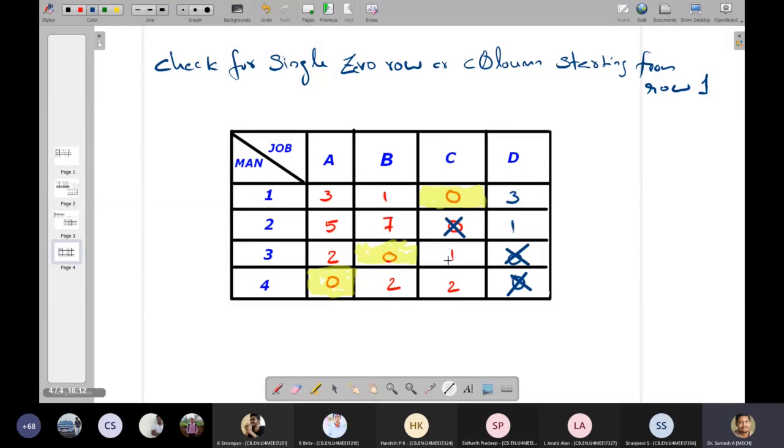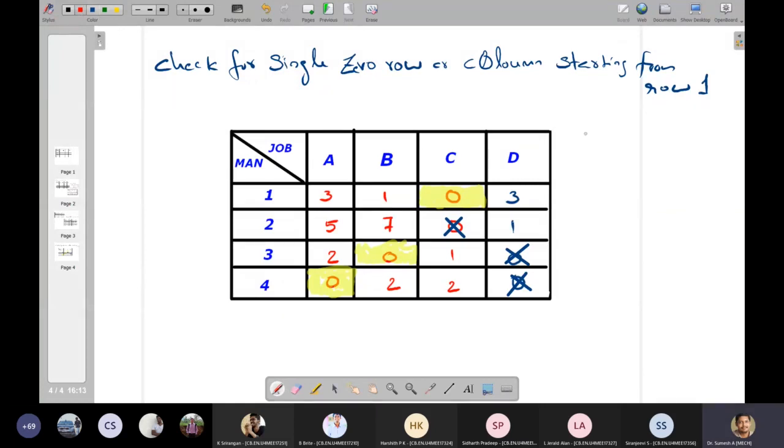So which one will you take into your solution? You have already assigned other machines to other jobs, so you can't take it. So there are still some procedures left. Now if you observe, what will your observation be?